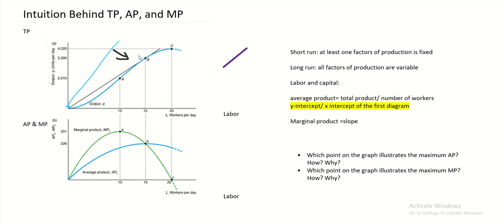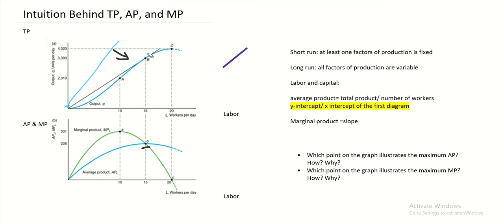Rotate, rotate, rotate until I hit the total product curve, which is exactly at point B. That's when the slope of this straight line will be the highest, meaning that the average product will be the highest as well. When I trace it down, you can see that's exactly point B, the highest point on the average product curve. Okay, so I have finished illustrating the average product, then we dive straight into the marginal product.